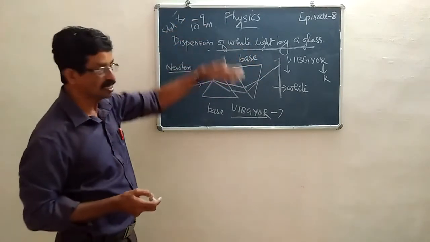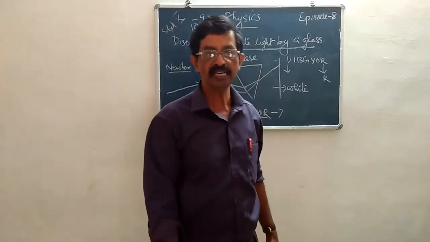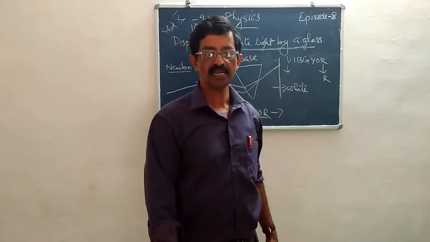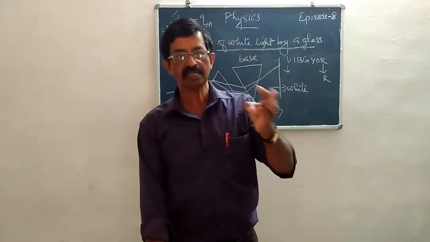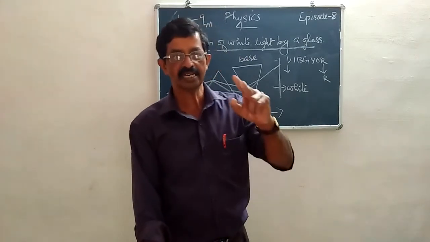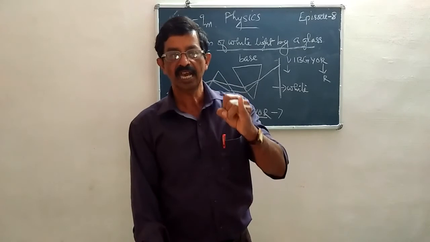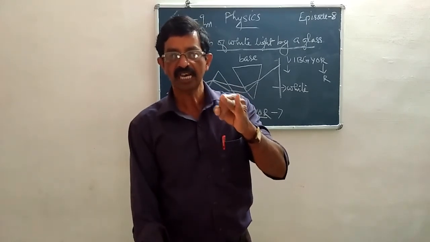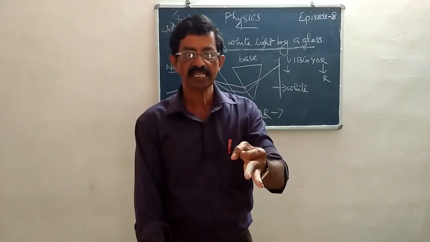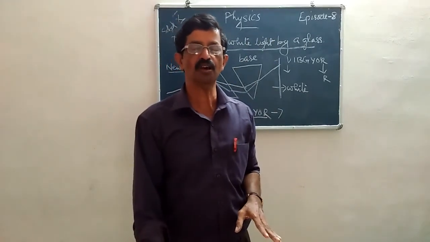Now we discussed how refraction happens in a prism: what is the incident ray, the emergent ray, and the refracted ray, angle of incidence, angle of refraction, angle of emergence, angle of the prism, and angle of deviation.